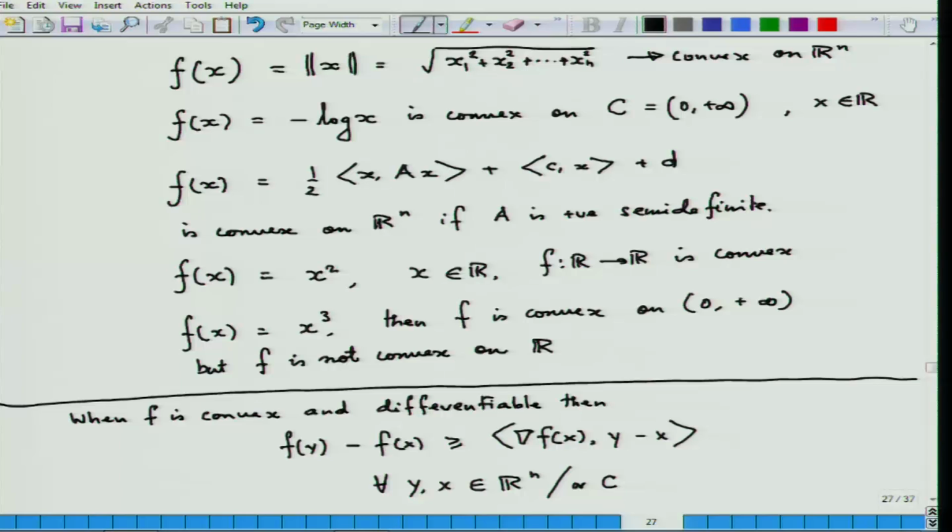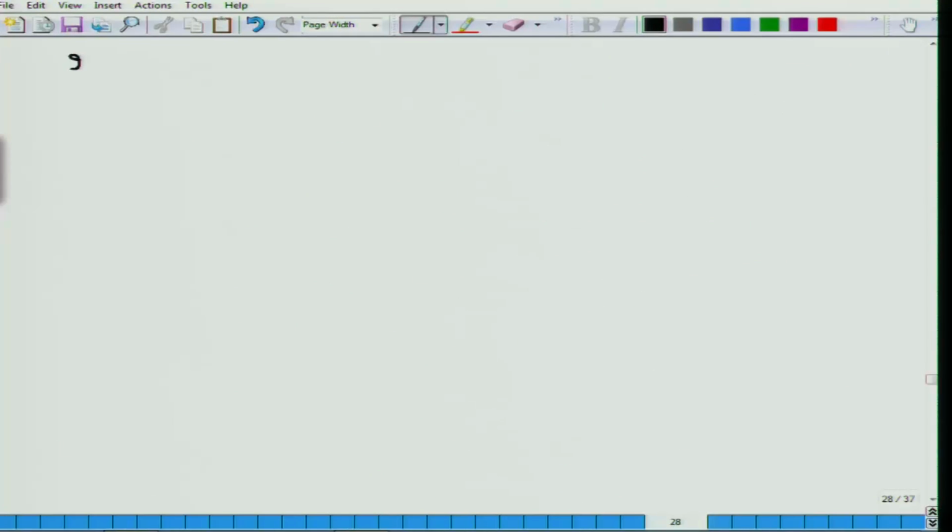Now, let me observe a very simple thing. Let f be convex and differentiable, and let the gradient of f at x bar equal 0, that is, x bar is my critical point.